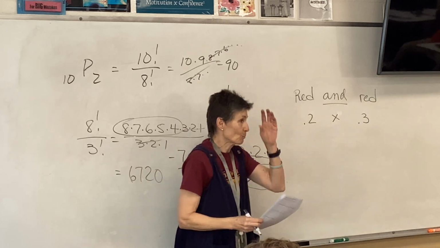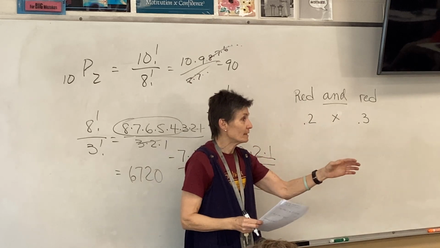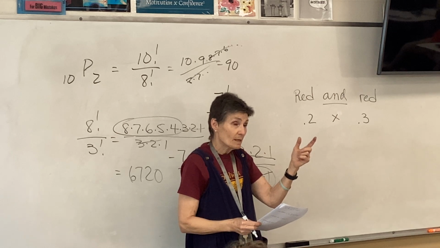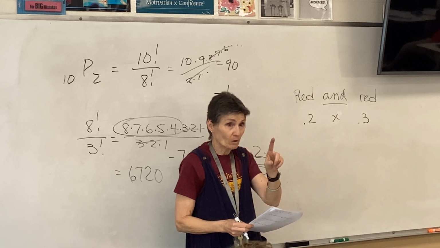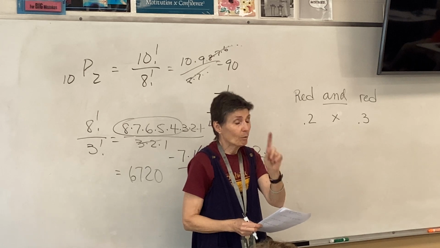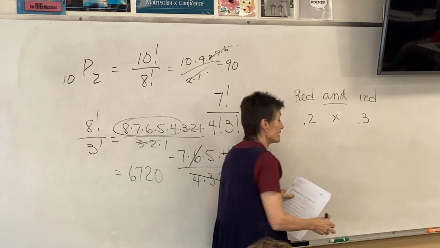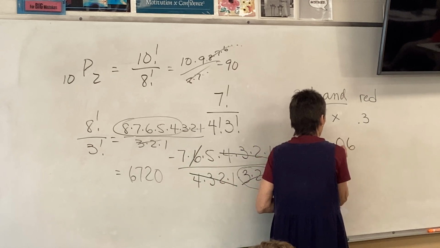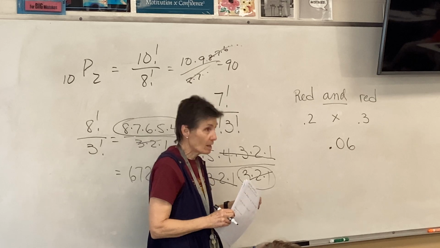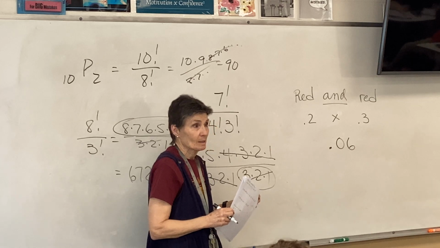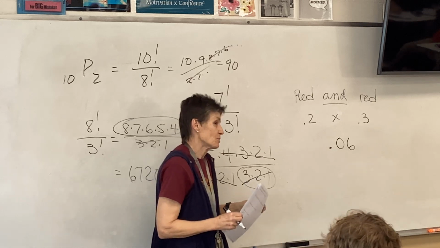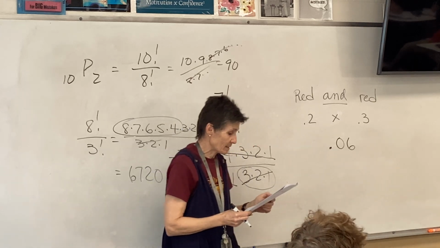I have to get red and red, so that means I'm going to multiply those. Be careful. If you can't do this in your head, do it on your calculator. 0.2 times 0.3 is 0.06. Not 0.6, 0.06. So there's a 6% chance that you'll get 2 reds.